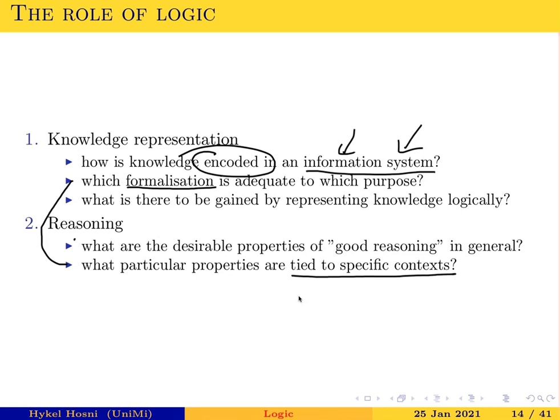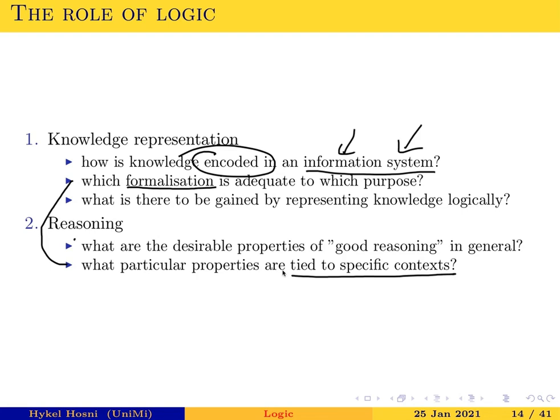But we know, and logic is very good at telling this to us, that formalisms and mathematical models have, at some point, a very important context dependency. I think this is a very good methodological lesson that you can learn by learning some logic, and the so-called non-classical logics that you will see in this course give you a very good example. So, yeah, that's the role of logic.